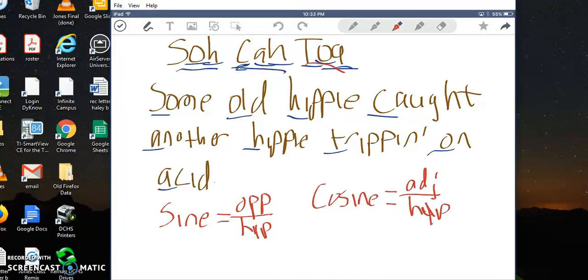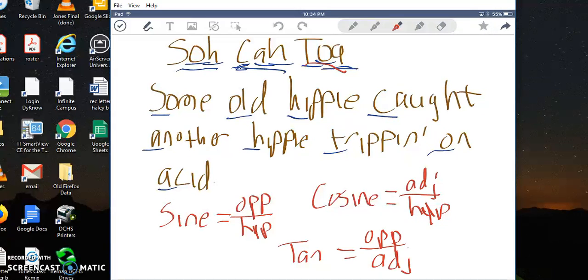And then the TOA is the tangent, which is just tan. The tangent of an angle is equal to the opposite over adjacent.